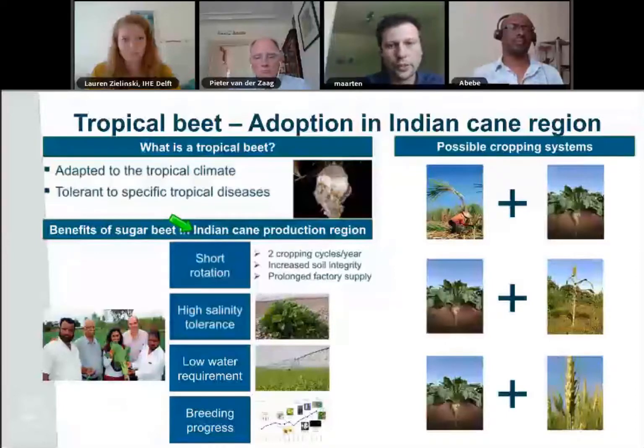And then finally, the possible cropping systems that have been explored and implemented in India, in the region where sugar beet has been introduced: the most adopted system is one where between the renewal of a cane plantation, they fit in a sugar beet cultivation.